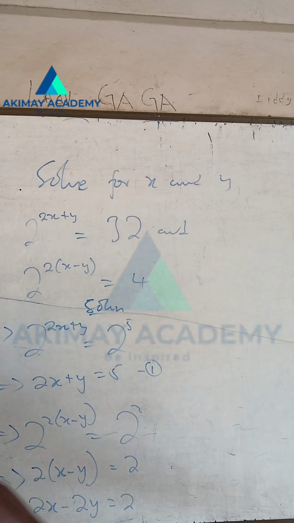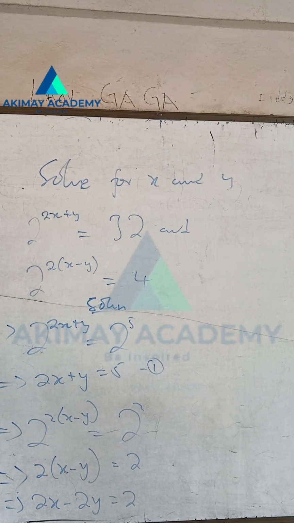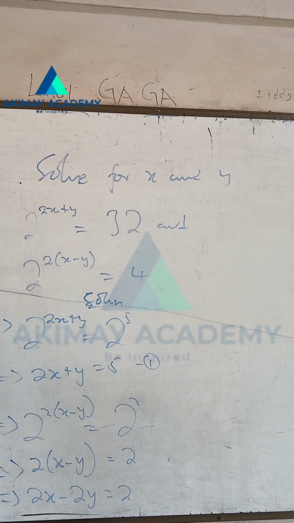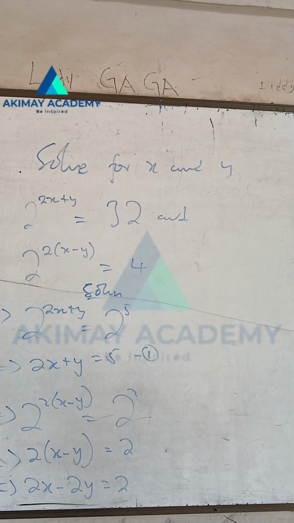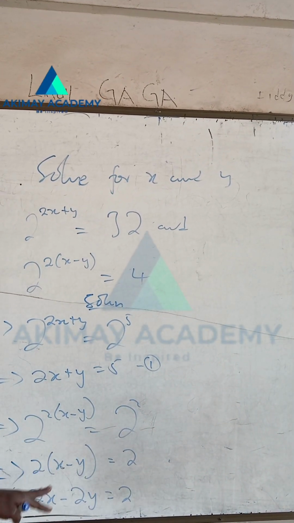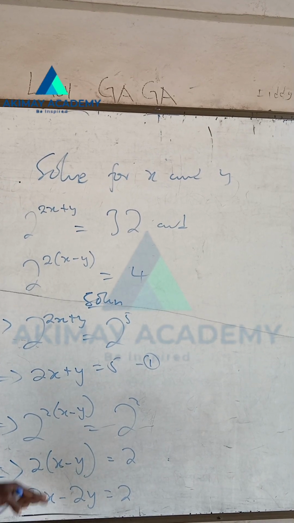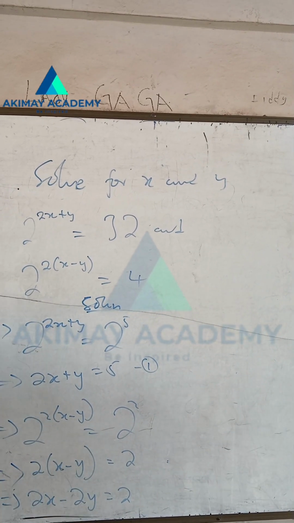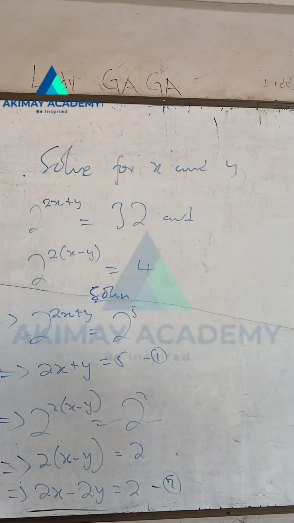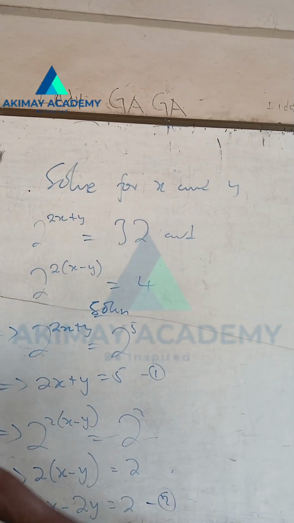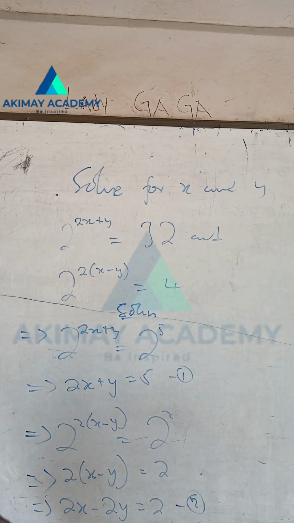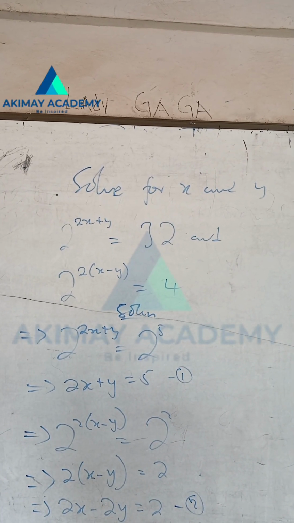You can see there's a factor of 2 running through. We can divide through by 2, or you can leave it in this way to solve it and still get the same solution. So here we have equation 1 and equation 2. Let's reduce equation 2 so that it will be a little bit easier.